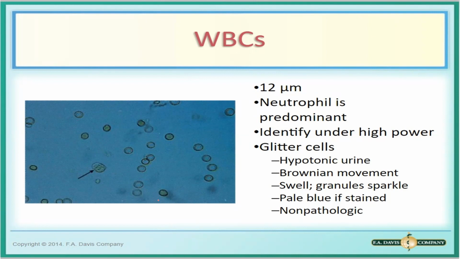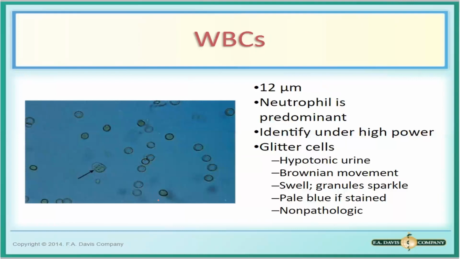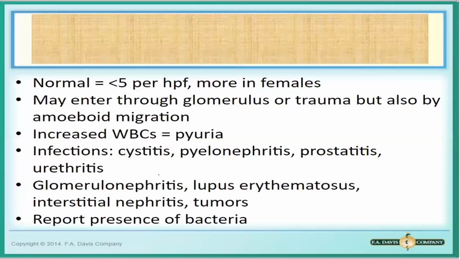Increased WBC in urine, we term it as pyuria. Increased WBC in urine result from cystitis, pyelonephritis, prostatitis, and urethritis.